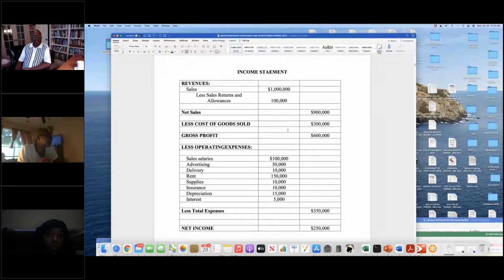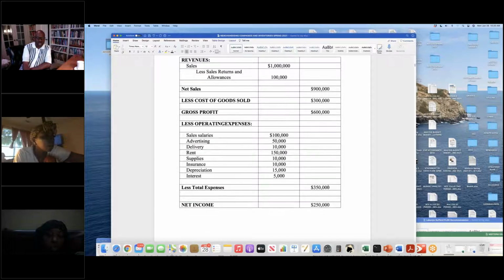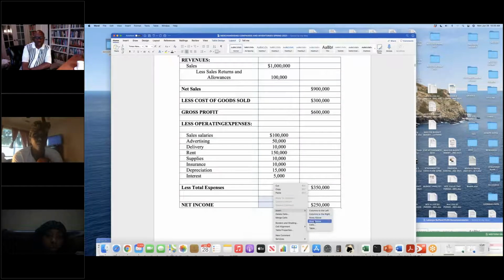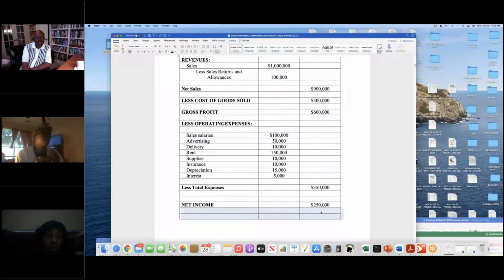Our income statement should look like this now: sales, less sales returns and allowances, net sales, less cost of goods sold, gross profit. Then we subtract the operating expenses to get total expenses. So what we're trying to do here, let me insert a couple of rows there.